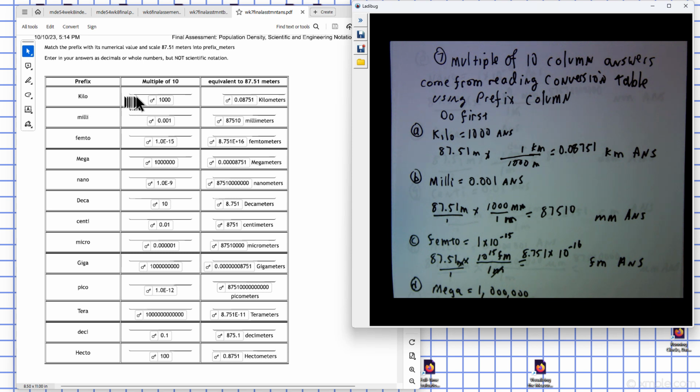Whatever, kilo comes up to be 1,000 from that conversion chart. So on.